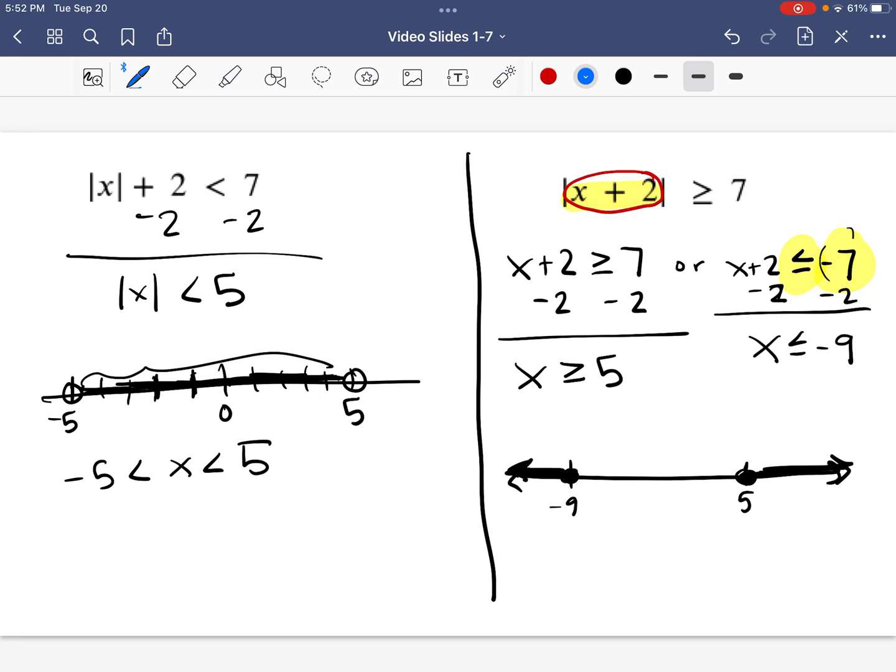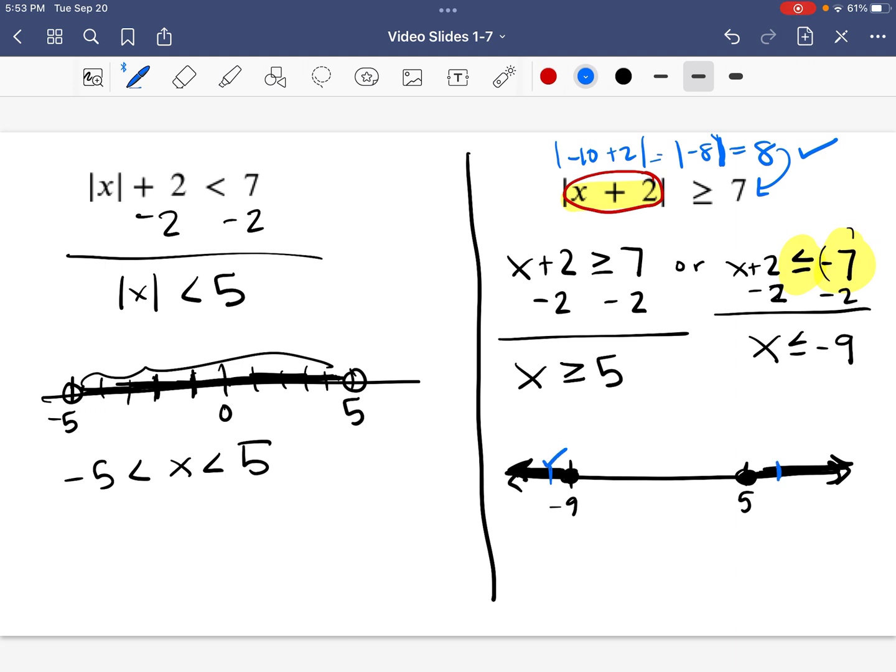Like, let's say I chose -10. If I put -10 in here, -10 plus 2 gives me the absolute value of -8, which is just 8. Is 8 greater than 7? Yes, it is. So yes, that is an answer.